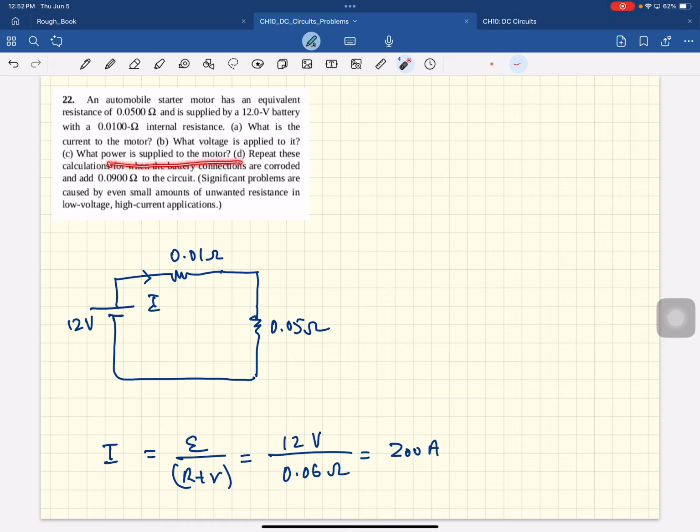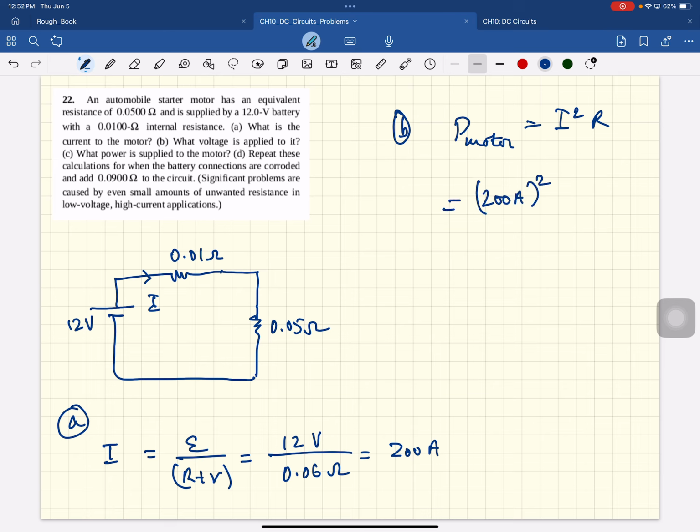What power is supplied to the motor? So the power supplied to the motor is the current squared through the motor times the resistance of the motor. So it's 200 amps squared times 0.05 ohms.